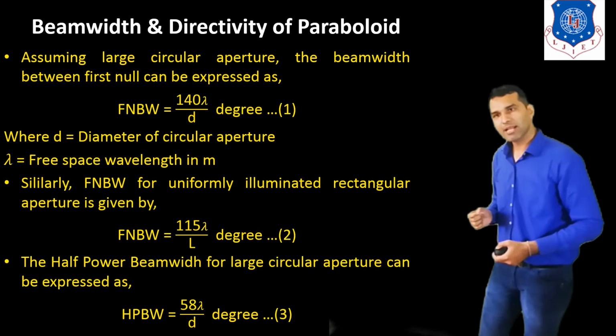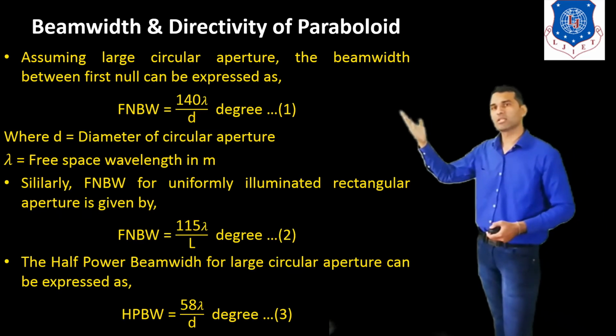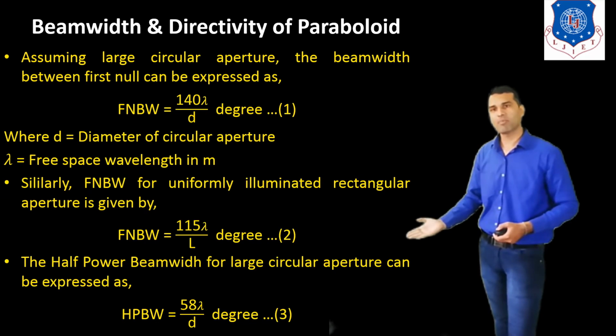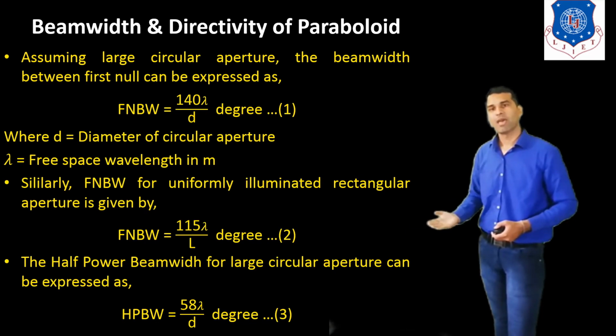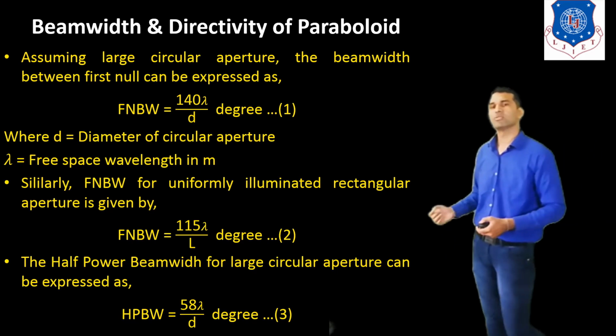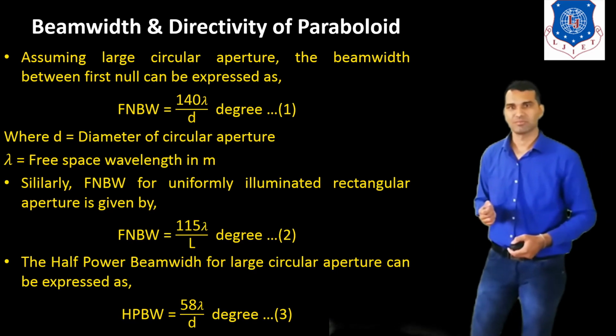So we can find the HPBW for the rectangular aperture by using this equation, and the half power beamwidth of the circular aperture we can find by using equation number 3.